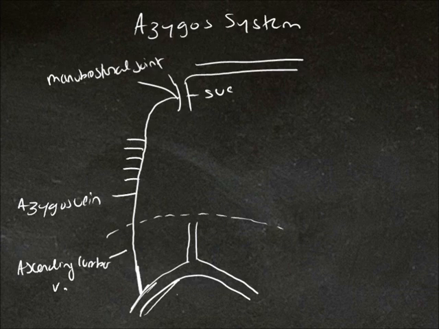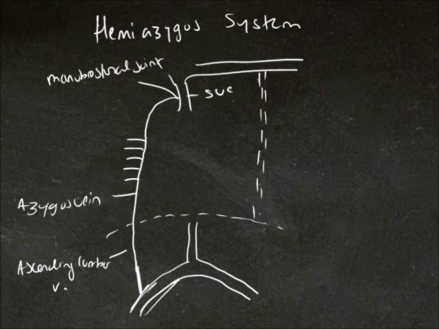Then we have something called the hemiazygos system. And this is where there is another vein here.